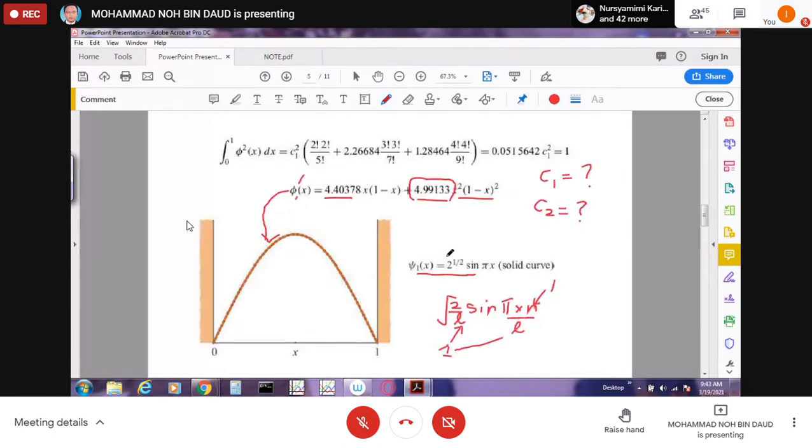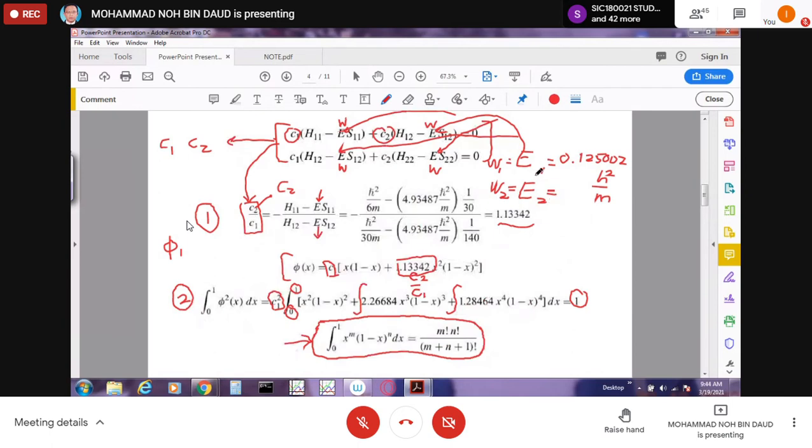You can also plot for the second one, which will be something like this, the sine function for this phi 2 when we use this second energy. We use this second approximate energy, substitute into the first equation to find the ratio of C1 and C2.